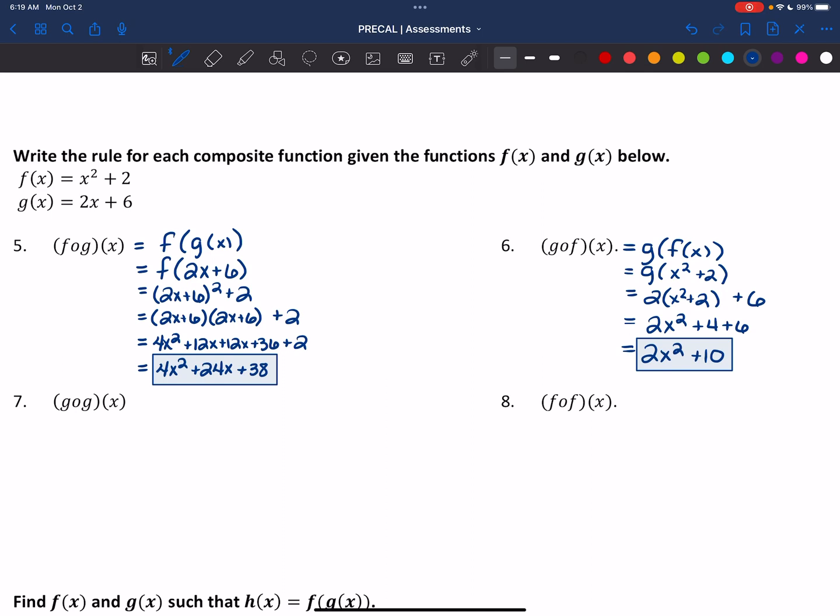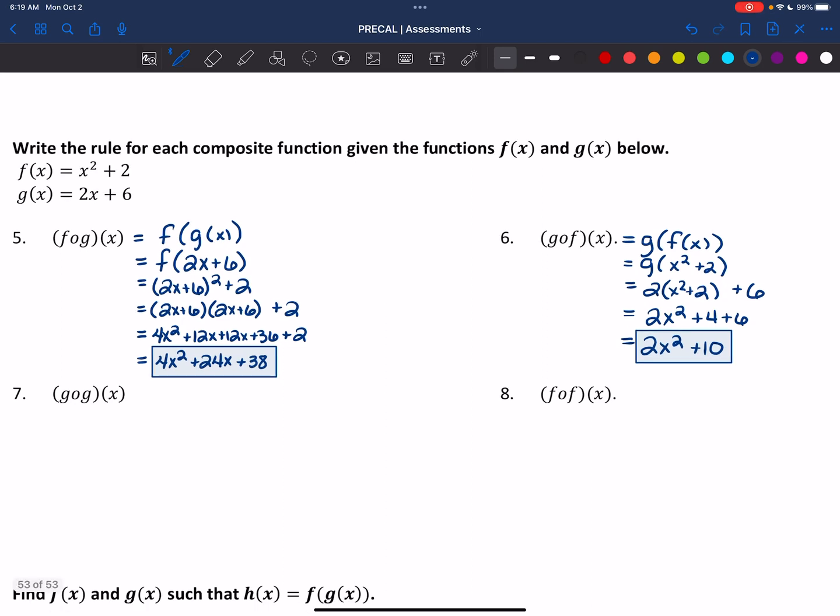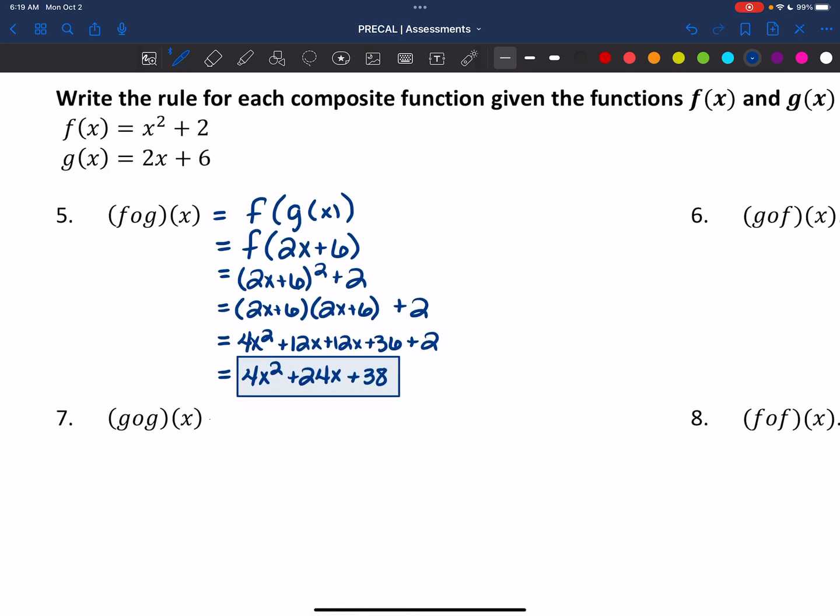Okay, now you might not have seen many of these, but this is a possibility where you take g of g of x. This is a really kind of fun and unique way to compose. This means g of g of x, where we're actually going to take our g function and allow the input to be the rule for g. So I'm going to take the g rule and plug it into the g function.